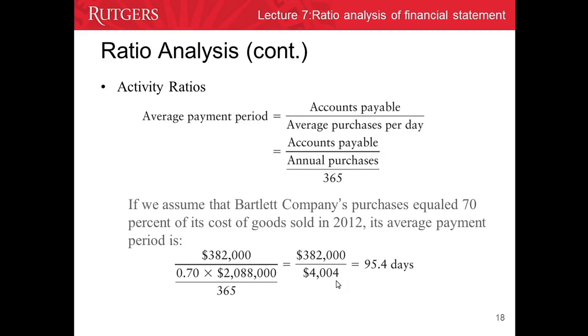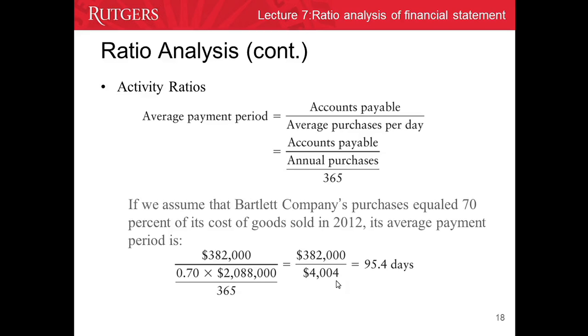Average payment period is another activity ratio, which equals the accounts payable divided by the average purchases per day. And the average purchases per day equals the annual purchases divided by 365 days.